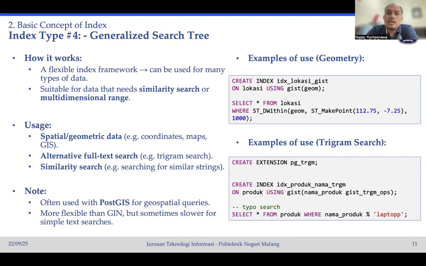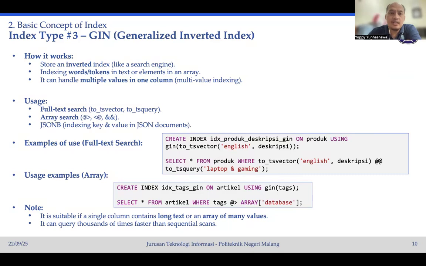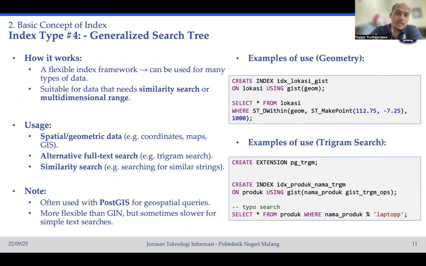This is quite similar to the previous index, the Generalized Inverted Index. But GIN is specialized for full text search and also arrays, and this Generalized Search Tree is useful whenever we need to search similarity and also geometric or spatial data.